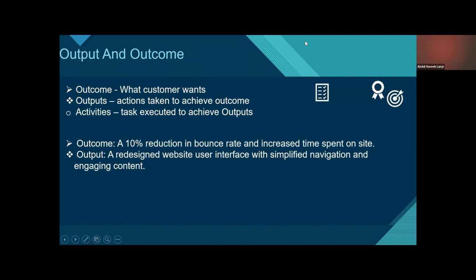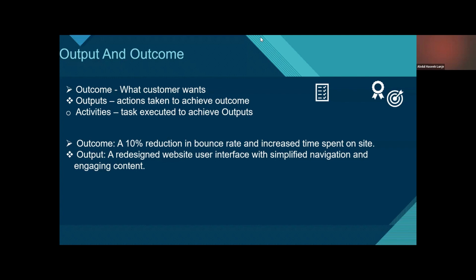Here the outcome we want is a 10% reduction in the bounce rate and an increase in the time spent on our website by our customers. So that is the outcome which we want. I think this is again related to the external customer, the outcome.